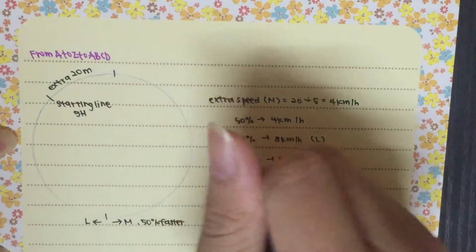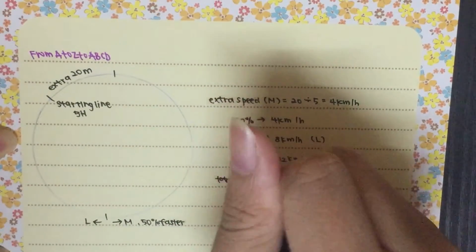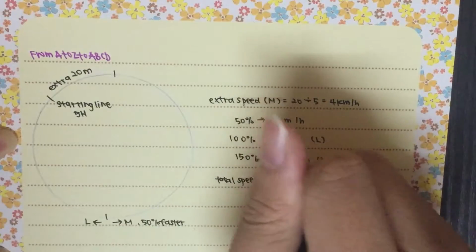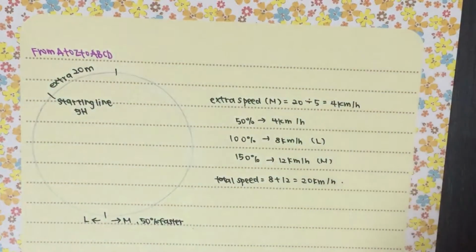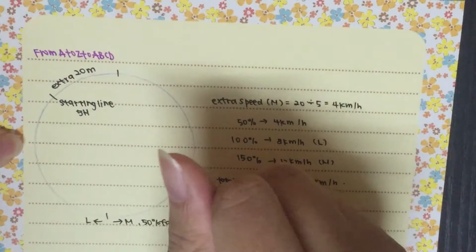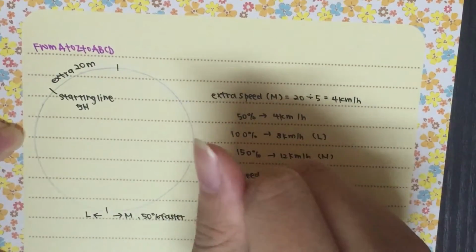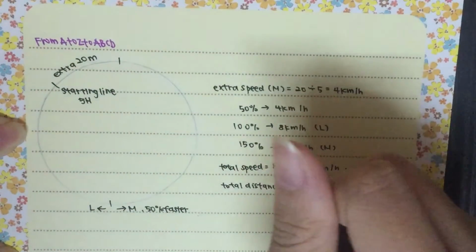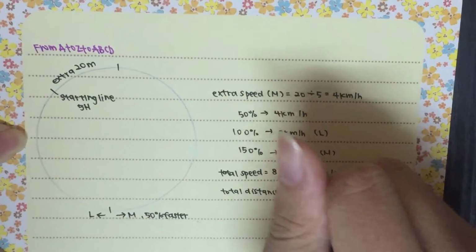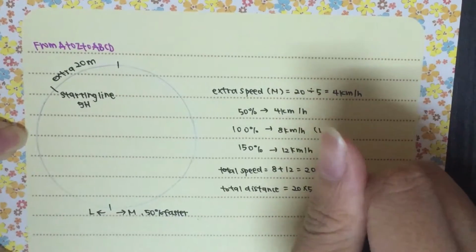So the total speed will be equals to 8 plus 12, which gives us 20 kilometers per hour. The total distance will be equals to the total speed times the total time. Since they meet 5 hours later, it will be equals to 20 times 5, which gives us 100 kilometers.